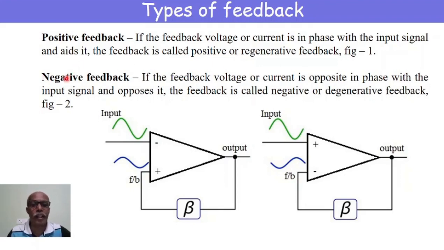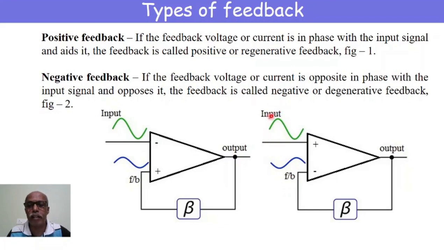Whereas in case of negative feedback, whether it may be the voltage or the current, both of them will be out of phase. So you can see in the waveforms of figure 2, the waveforms are not in phase, they are out of phase.